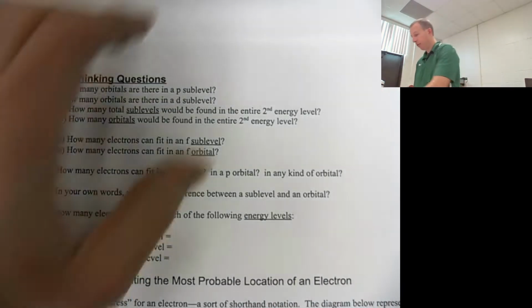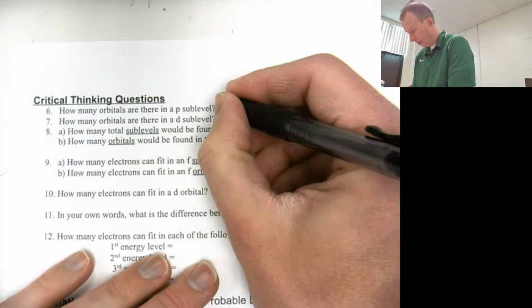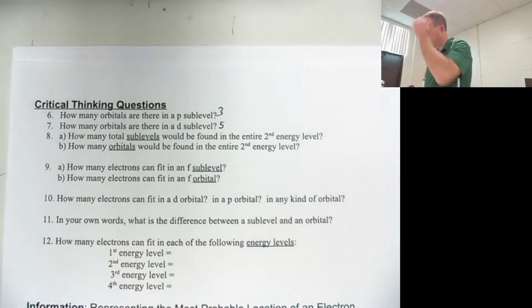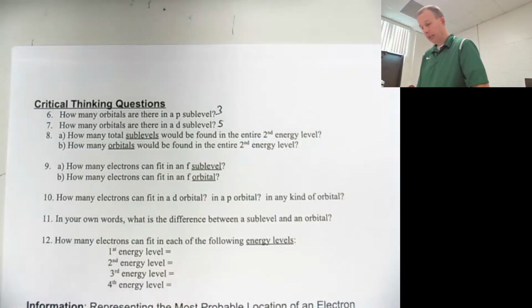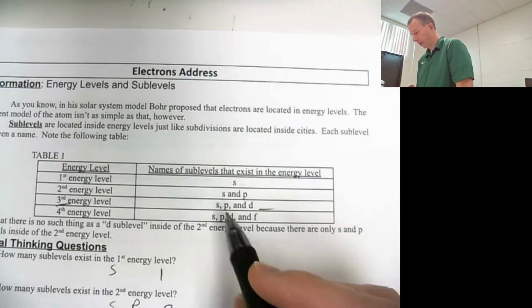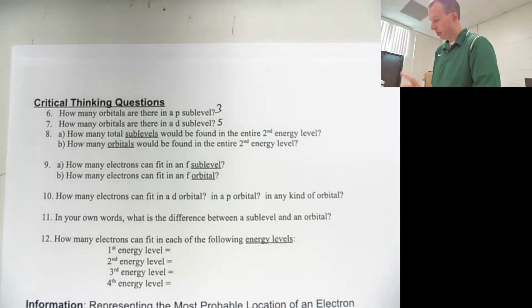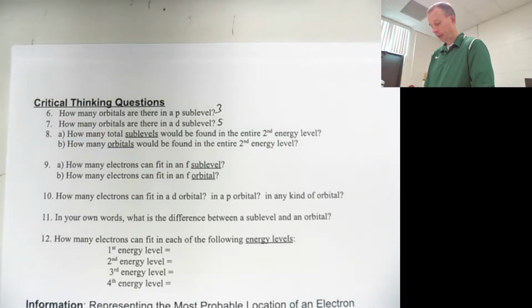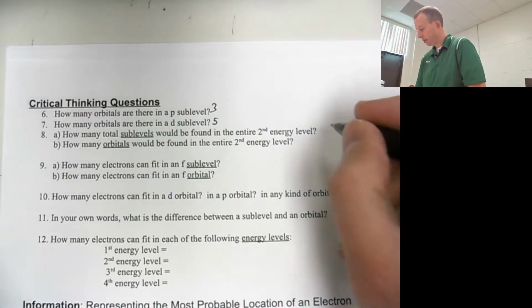How many orbitals are there in a P sublevel? Again, this is taken directly from the chart. There are 3. How many orbitals are there in a D sublevel? 5. How many total sublevels can be found in the entire second energy level? You have to look at the second energy level, which has an S and a P. So how many sublevels, S and P, second energy level? 2.